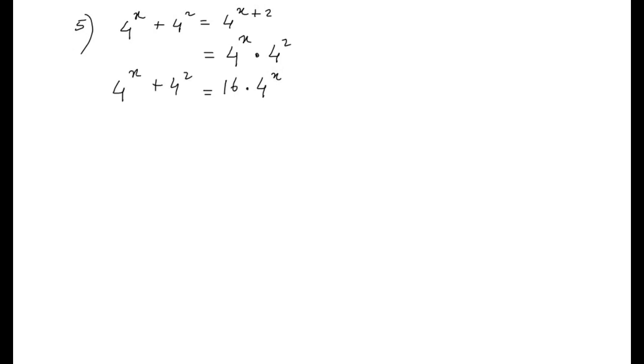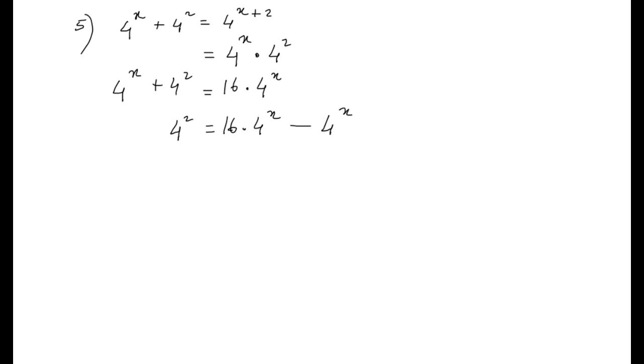So 16 into 4 to the power of x is 4 to the power of x plus 4 squared. So we just have 4 to the power of x. We don't have 4 to the power of 2x. It's not going to be a quadratic. We're just going to gather the like terms, which are the terms that have 4 to the power of x. So 4 squared is equal to 16 times 4 to the power of x minus 4 to the power of x.